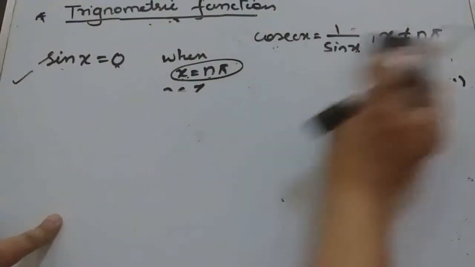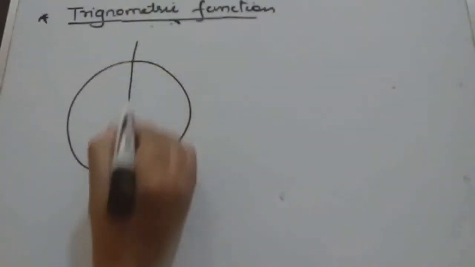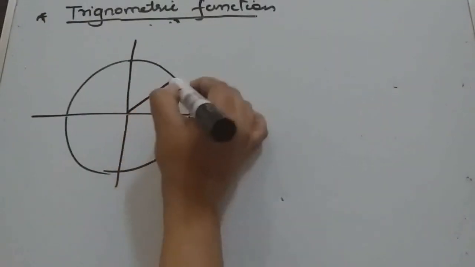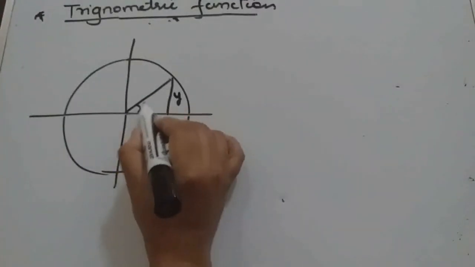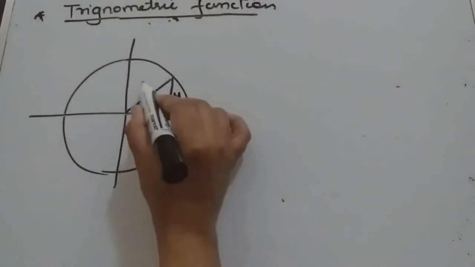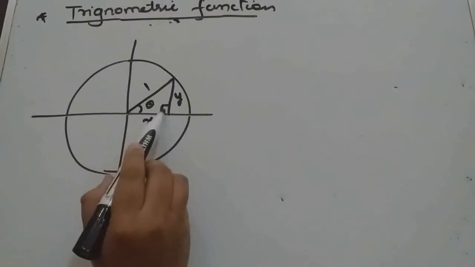Now one more concept. Suppose that circle which we considered, we will consider again. We drew one perpendicular. This was y, this was x, and this is theta. This is the perpendicular, and the hypotenuse is 1. Now this is a right triangle, isn't it?